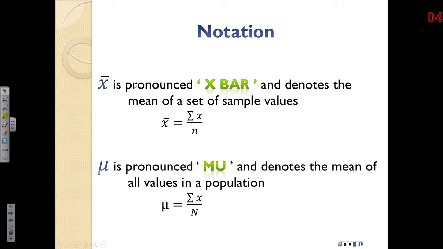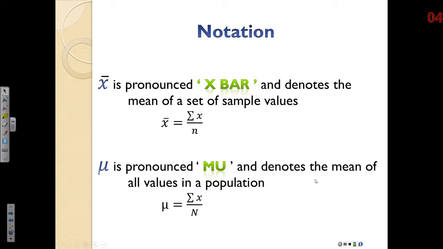Here's your first real symbol. The symbol for our sample mean is x bar. Literally it's an x with a bar over the top. Our symbol for our population mean, we pronounce as mu.